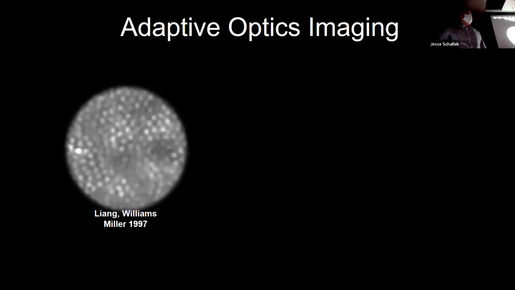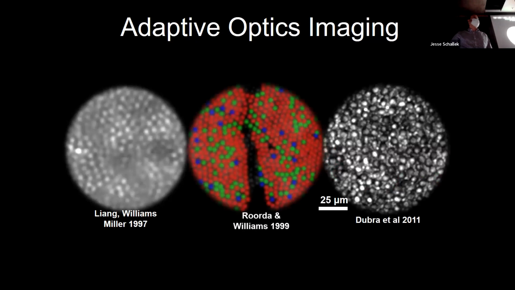And you might be familiar with a number of the structures that can be imaged inside an eye. And perhaps this is one of the most famous images, imaging individual rods and cones. This is data from Alf Dubra and Joe Carroll, which shows the photoreceptor mosaic in the back of the eye. And in fact, adaptive optics has had a great history in being able to do some of the first imaging of these photoreceptors in the back of the living eye.